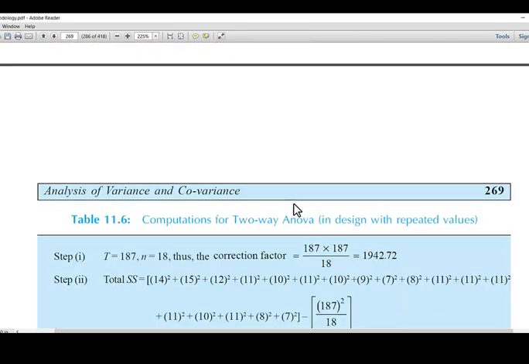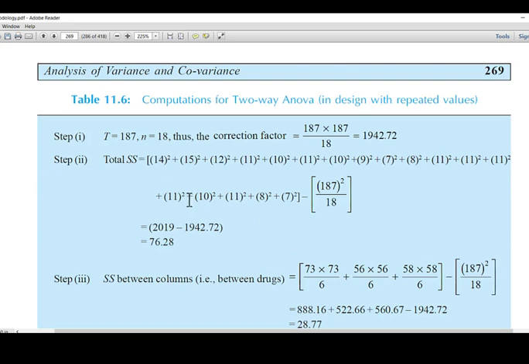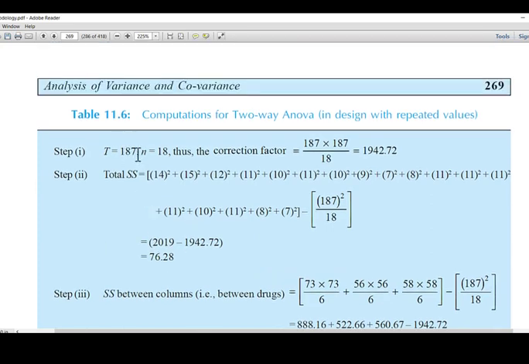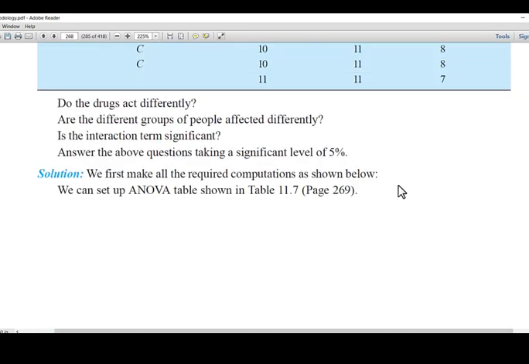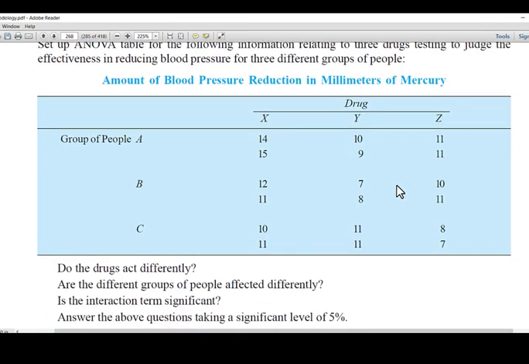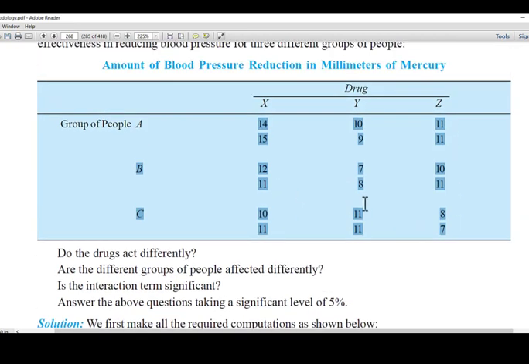Total T is equal to 187 and N is equal to 18. What is this 187? That is actually the summation of all these values. Of course, you ignore the B and C labels, these are not numerical values. This total summation is equal to 187. And how many data points are there?